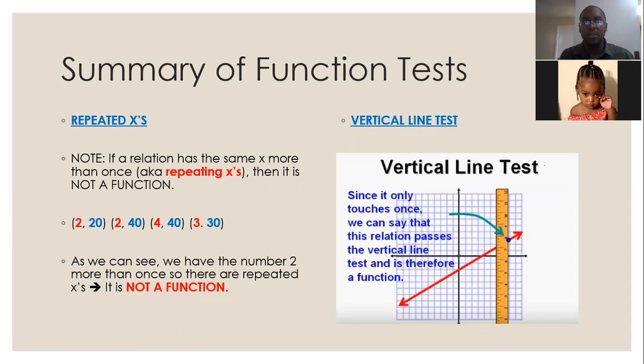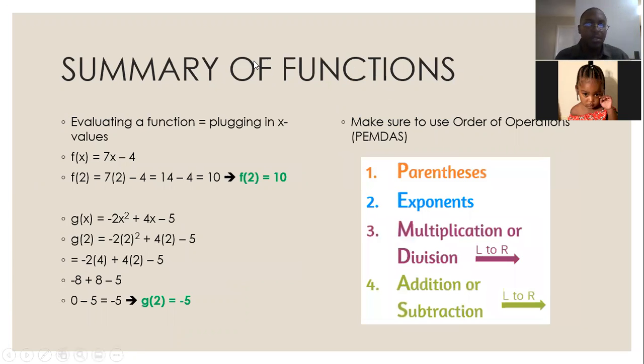With the vertical line test, if it crosses more than once, it's not a function. Then we said evaluating is the same as plugging stuff in. You plug stuff in, and make sure you use order of operations. Please Excuse My Dear Aunt Sally. And then we did that.